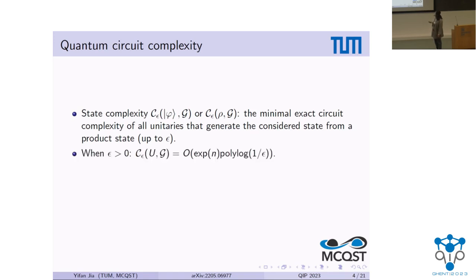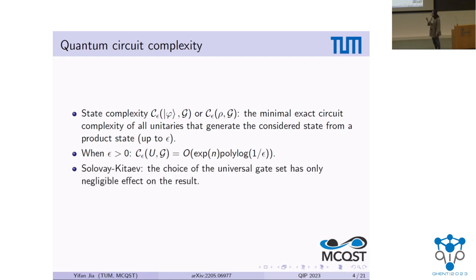If we know some decomposition method, then for epsilon bigger than 0, we have an upper bound on the complexity, namely exponential in n times polylog 1 over epsilon. And Solovay-Kitaev also told us that the choice of the gate library is actually not so important, because anyway you can do this with polylog overhead.